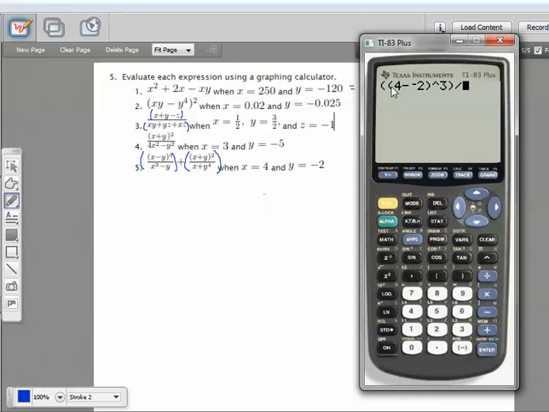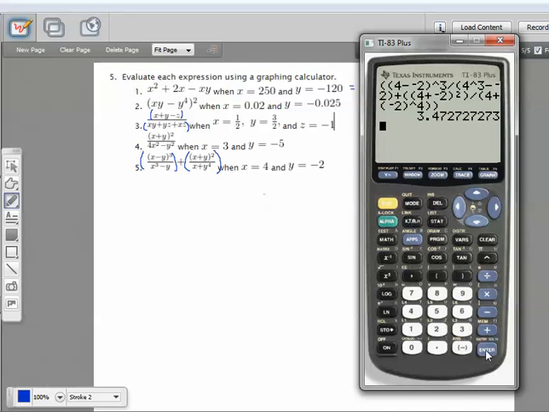and I might need, actually I don't think I need this parentheses right here, so I'm going to erase that. An extra set of parentheses here, so 4 cubed minus a negative 2, there's my denominator, plus, and now I'm starting my second fraction, so 4 plus negative 2 squared divided by 4 plus negative 2 to the 4th power.